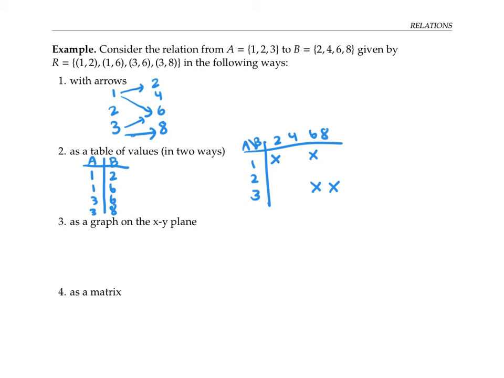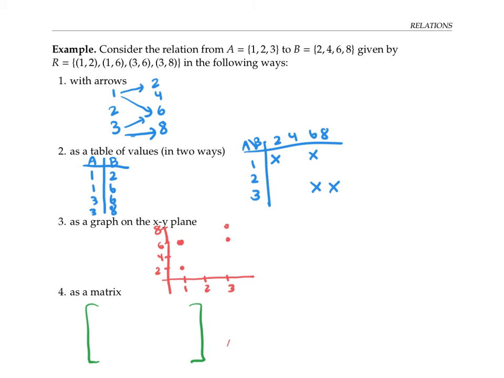I could also represent my relation as a graph in the xy plane. Here I'm going to put the numbers from A along the x-axis and the numbers from B along the y-axis. And I'll simply put a dot on the xy plane for each ordered pair that's in my relation. Finally, I can represent my relation as a matrix.